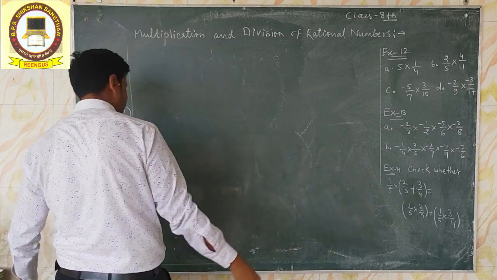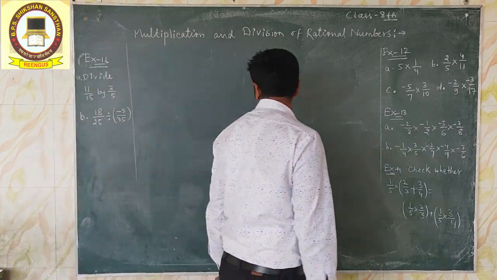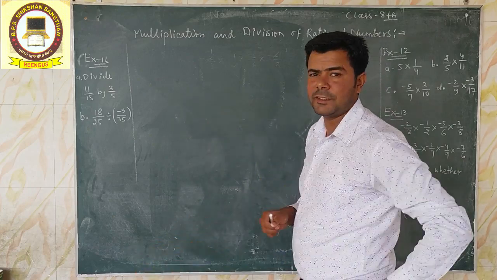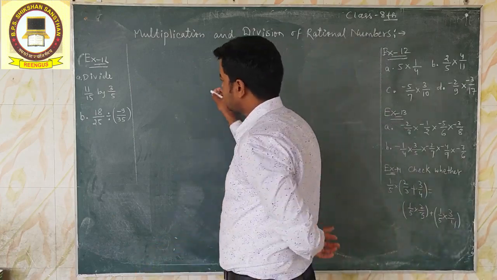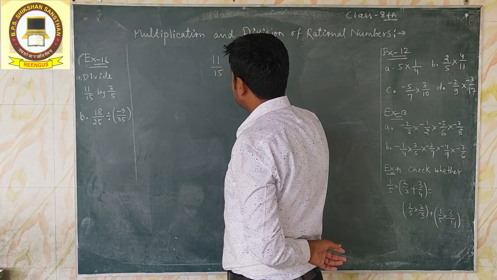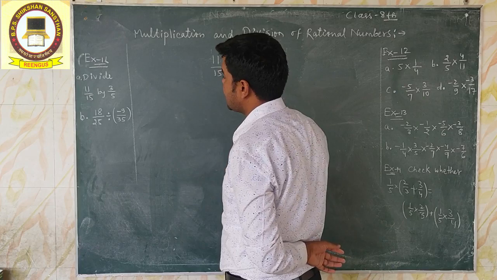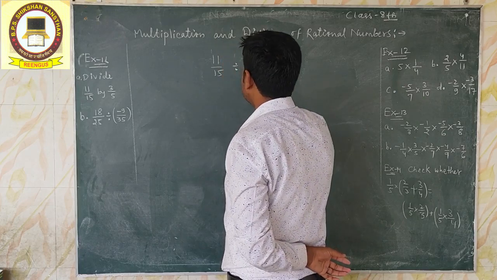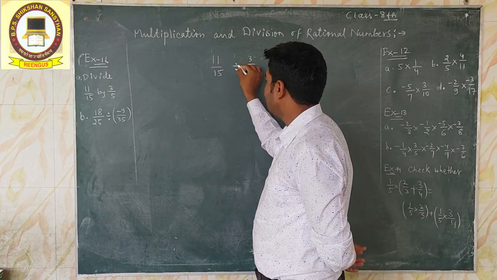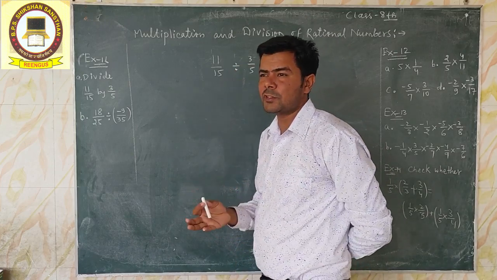Question 14 we will come to later. Before that we will see some questions of division. We have to divide 11 by 15 by 3 by 5. In division there is one more process.